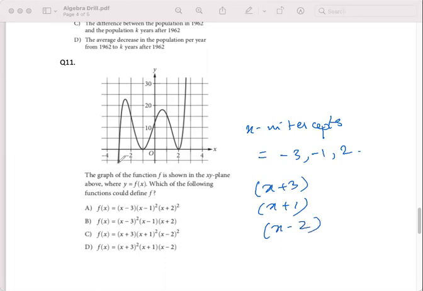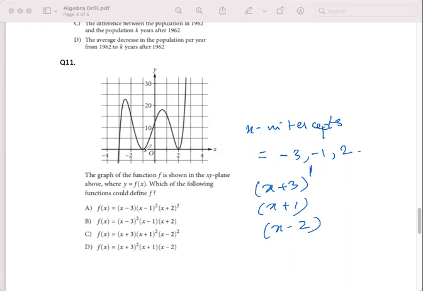Now I noticed that at -3, the function is crossing the x-axis, right? It is not turning from the x-axis the way it is turning at -1 and 2. So at -3, there would be a linear factor, right? It's a single root, so this would be power 1. But at x equal to -1 and 2, this is a repeated root, right?